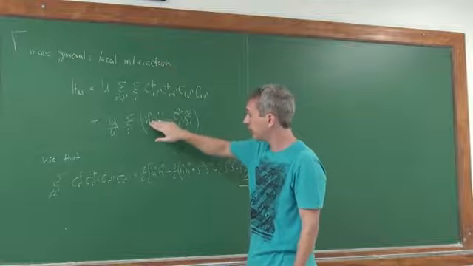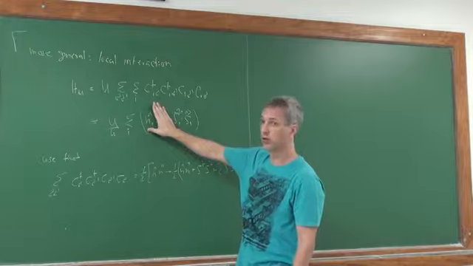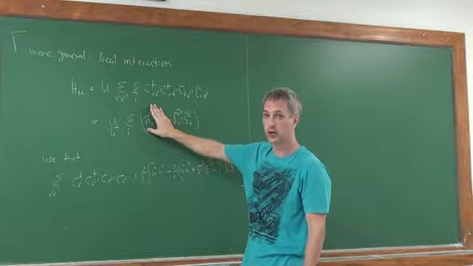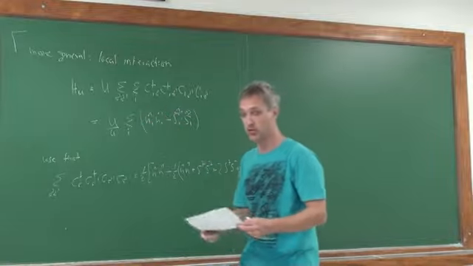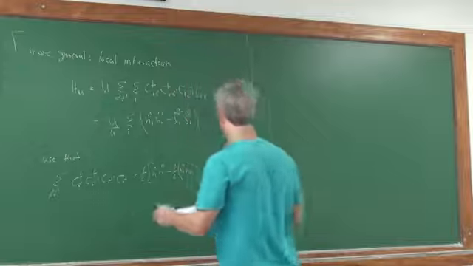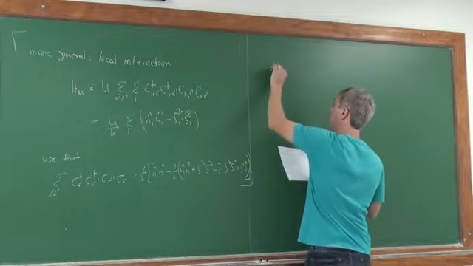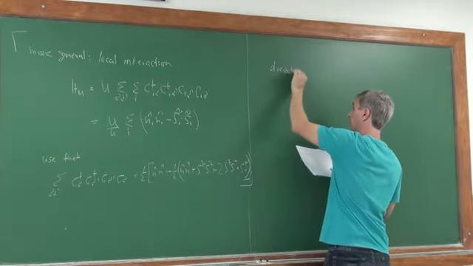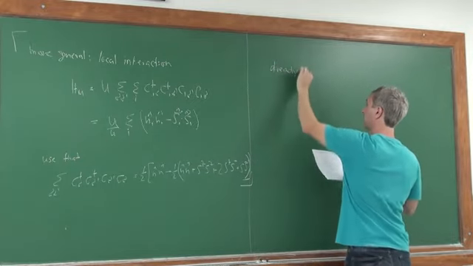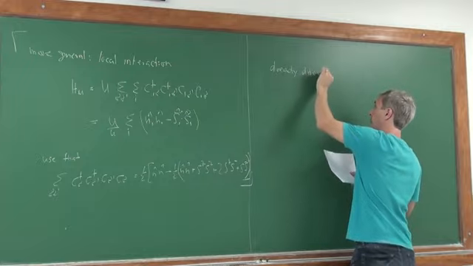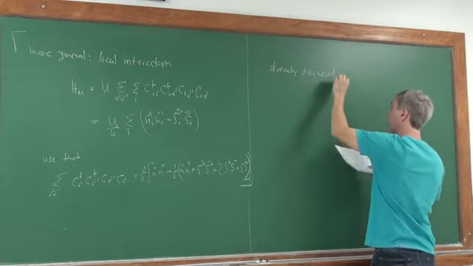Now what we want to do is concentrate on the second contribution, the spin contribution. And this is coming from the exchange term. So we have already discussed previously the density channel.